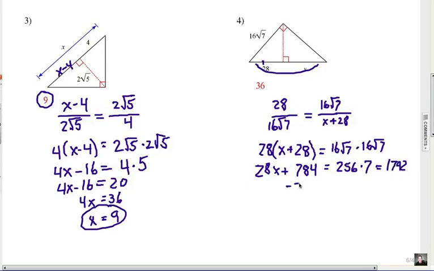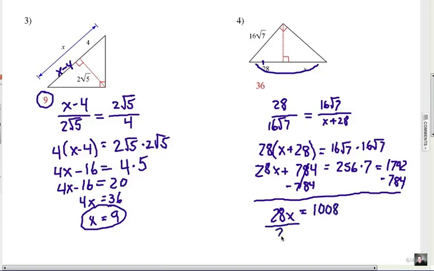Okay, then we do need to subtract 784 from each side. Again, going kind of fast because as a geometry student, these multiple step equations shouldn't be too bad for you. So now 28x equals 1792 take away 784, which should be 1008. Okay, and then finally divide by the 28. And you'll see, double check on your calculator if you wish, that should give us our answer of 36.